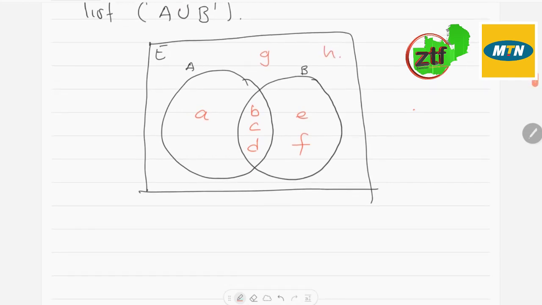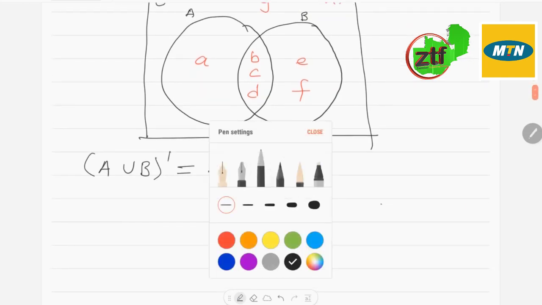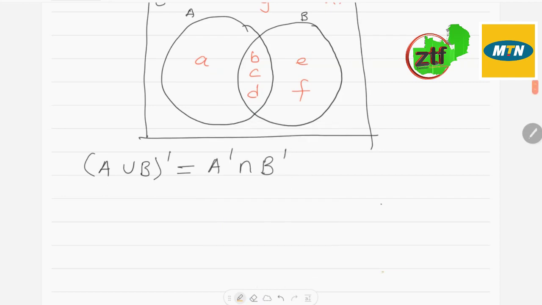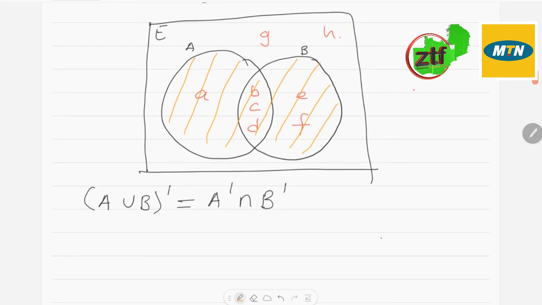Now, De Morgan's rule states that (A union B) complement is equal to A complement intersection B complement. So when we complement the union of A and B, you realize that all the elements in set A and in set B will actually be cancelled.